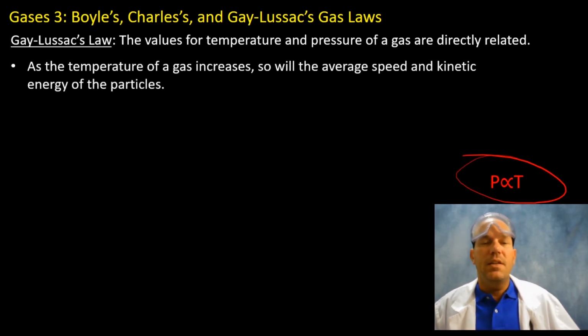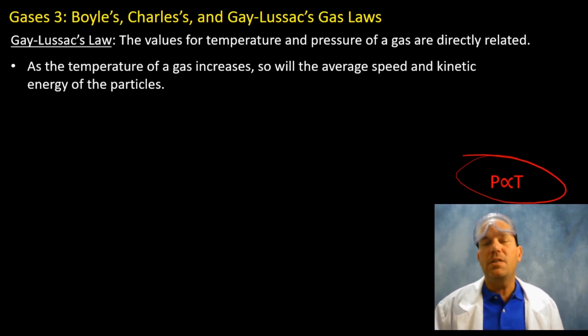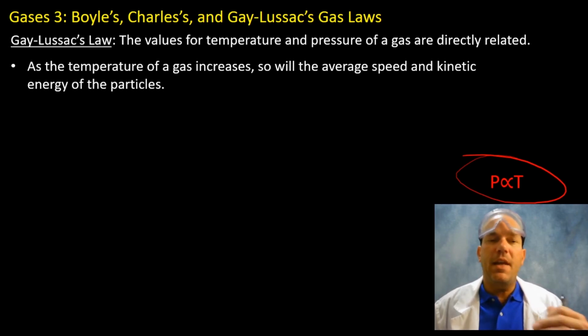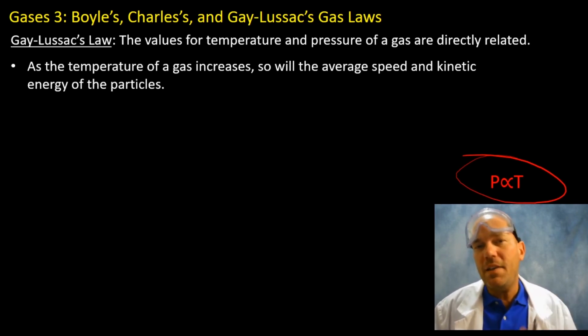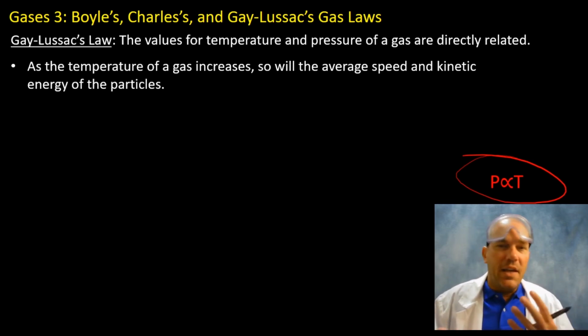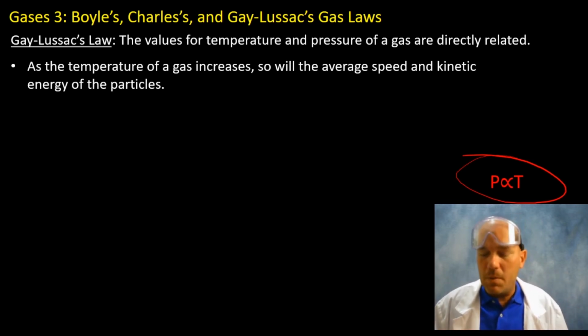As the temperature of the gas increases, so does the average speed and therefore the kinetic energy of the particles. Now, in the last video, we spoke about Thomas Graham's law and the rates of effusion. And we went through a derivation to show that. In that derivation, we were looking at the kinetic energies of the two gases and comparing them based on their molar mass.